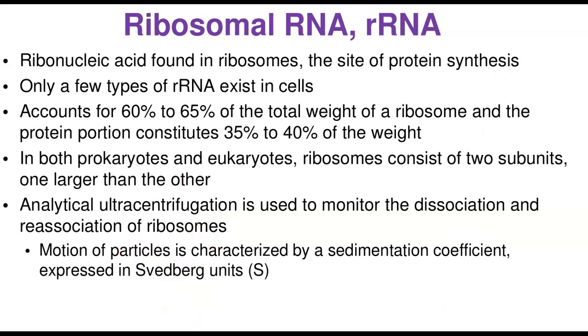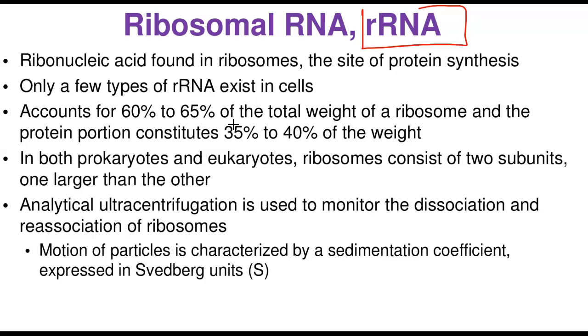So the next thing there is the ribosomal RNA, or rRNA. That's the shortcut, rRNA. Now, it is the ribonucleic acid found in ribosomes, the site for protein synthesis. Of course, only a few types of RNA exist in the cells. It accounts for about 60 to 65% of the total weight of the ribosome. In fact, the ribosome is made up mostly of the ribosomal RNA.